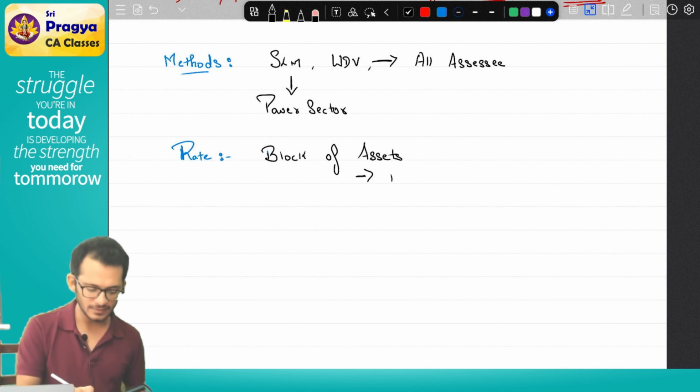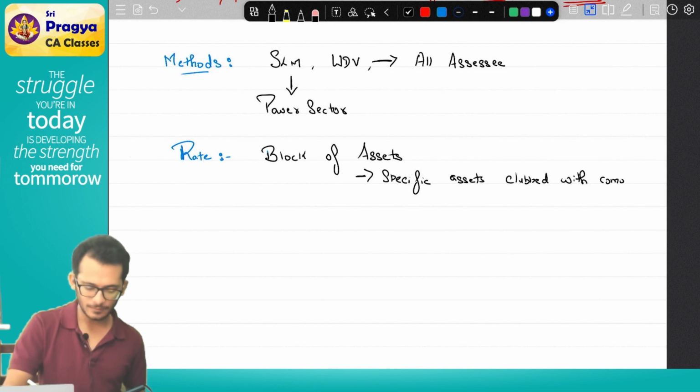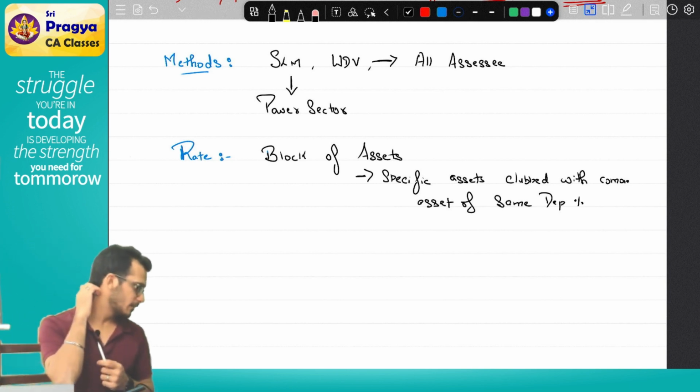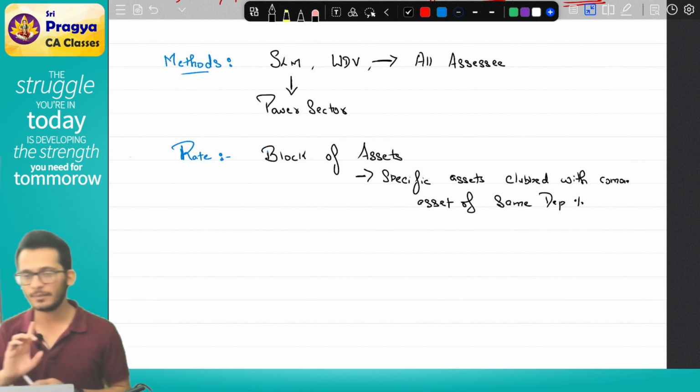Block of asset means a specific asset clubbed with common assets of the same depreciation rate. What is it? It is a specific asset which is clubbed with common assets having a specific depreciation rate.